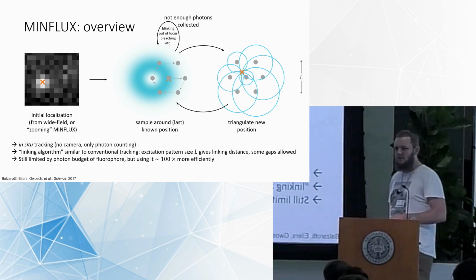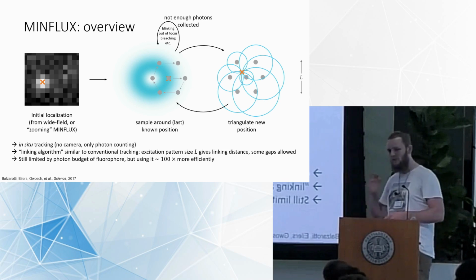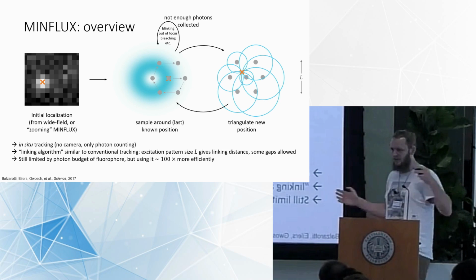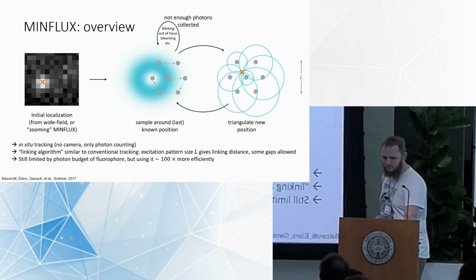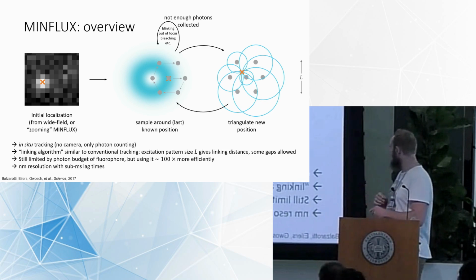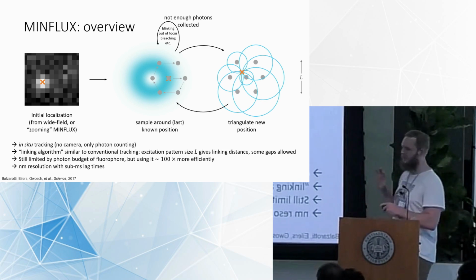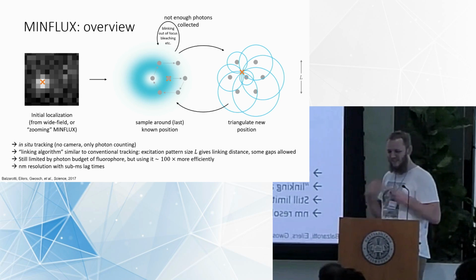Now, this method is still limited by the photon budget of the fluorophore, but because we're using way fewer photons, it's about 100 times more efficient, which means your trajectories get 100 times longer, which is quite cool. I'm explaining this method here because I am excited about it, and I think it's a very exciting upcoming method.